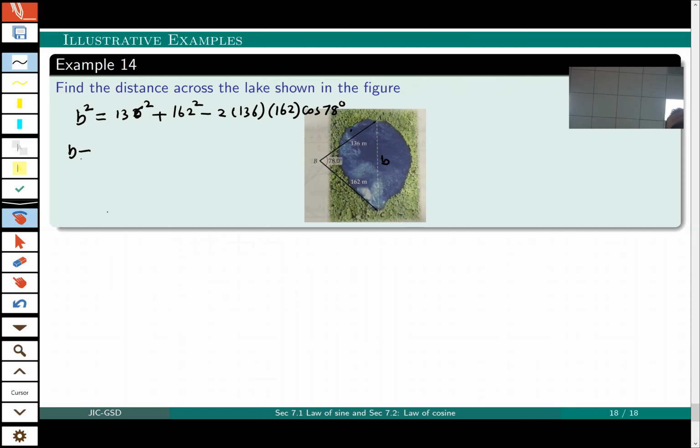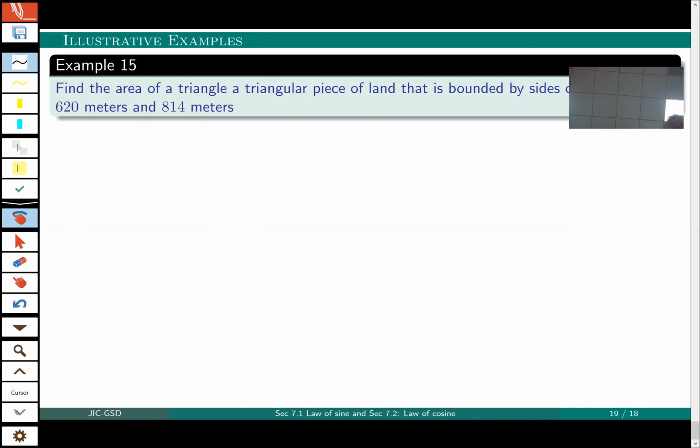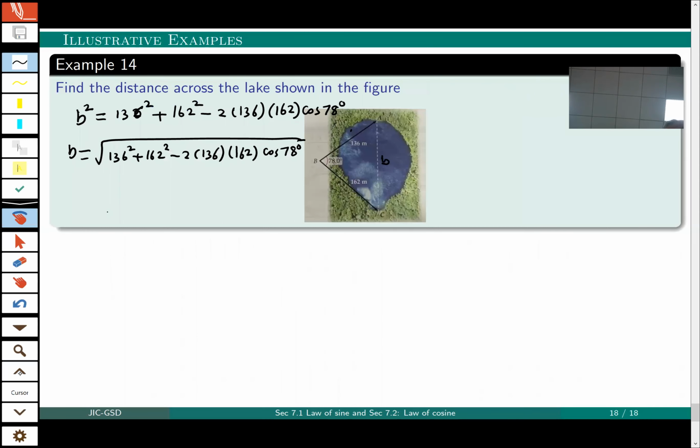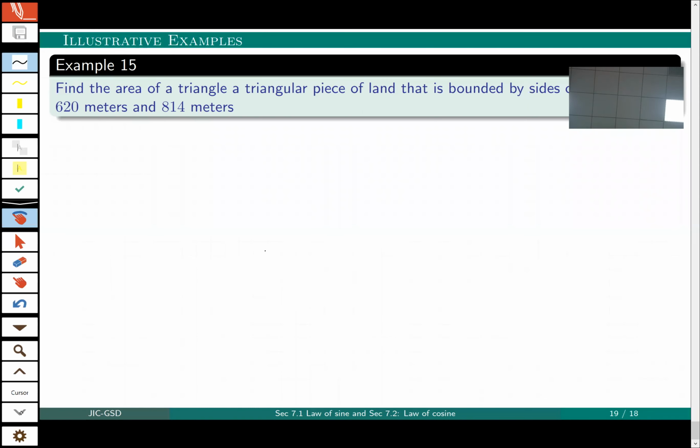So B, simply, will be the square root of 136 squared plus 162 squared minus 2 times 136 times 162 cosine the angle 78. That's the best we can do if we have not famous angles. If we have famous angles, we can simplify it.